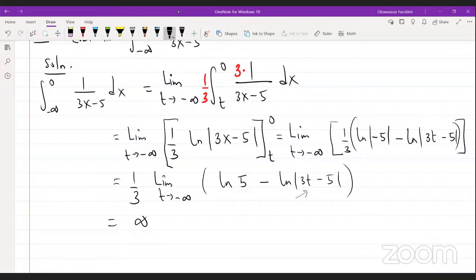What does that mean, guys? In this case, it's going to be negative infinity. Why? You have a small number and you are subtracting infinity from it, so that's going to be negative infinity. So what does this mean? It diverges.